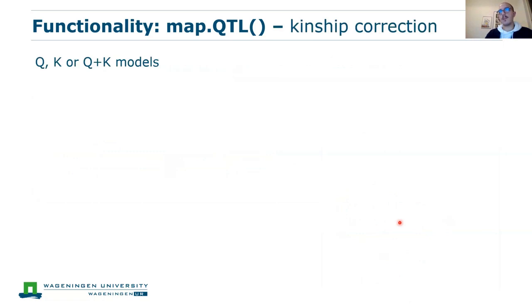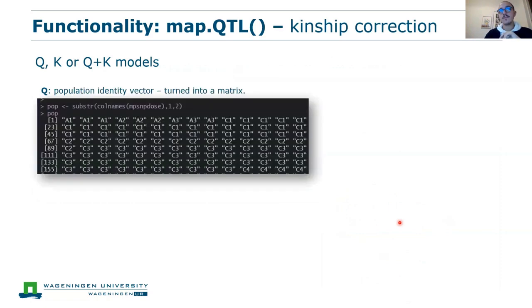Now for the different types of kinship corrections, so either Q, K, or Q plus K. The Q, if you're not familiar, is just like a population identity type of correction. Say that you know that in your population these individuals belong to this subgroup and these individuals belong to this subgroup. You could use such information to create a very simple structure correction that is much more efficient than using the kinship correction with a mixed model.